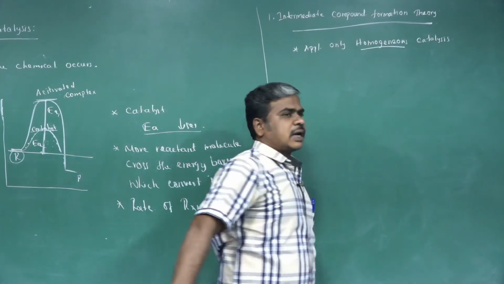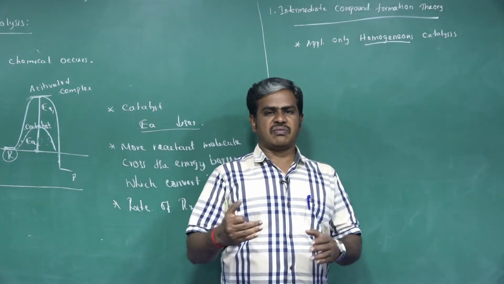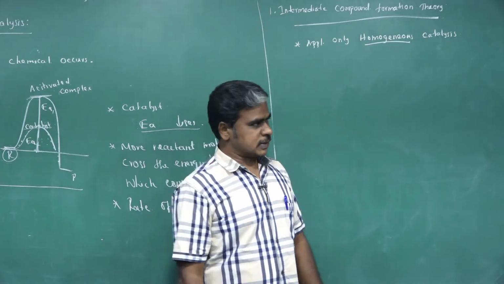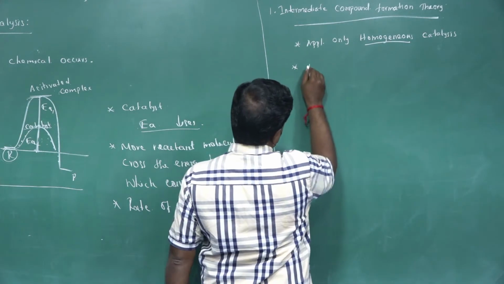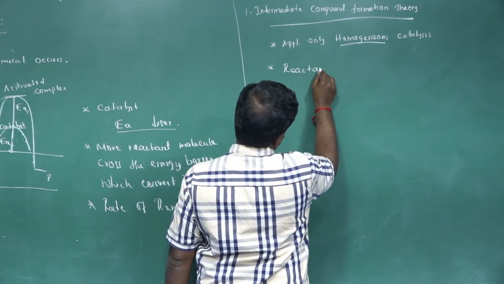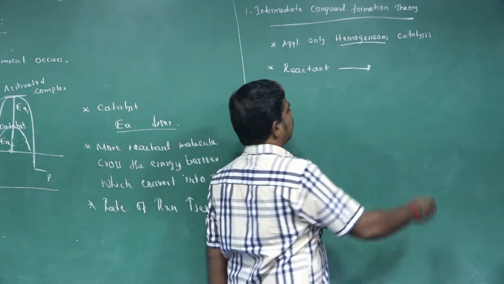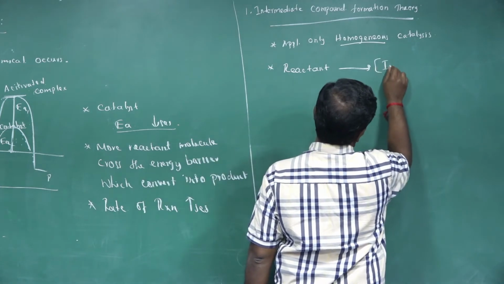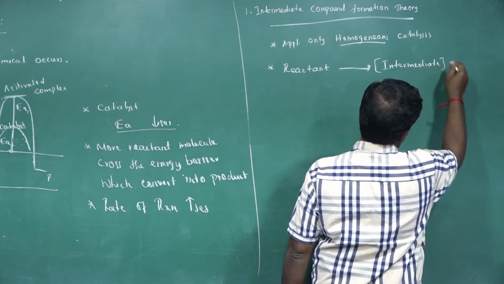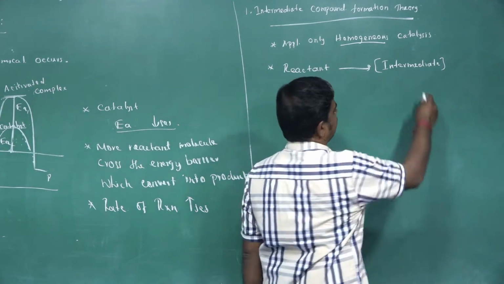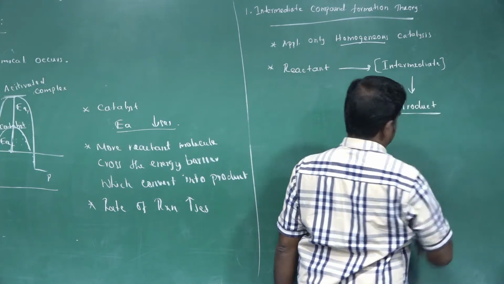In homogeneous catalysis, the reactant and the catalyst are in the same phase. According to this theory, the reactant molecule reacts with the catalyst and forms an intermediate, and the intermediate gives the product.